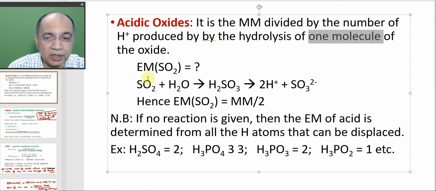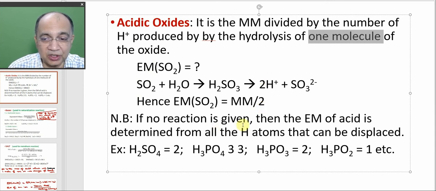For example, you are asked to find the equivalent mass, EM for short, of SO2. You treat it with water and see how many H plus ions one molecule of that non-metallic oxide is producing. So here the factor is 2. The basicity factor is 2.